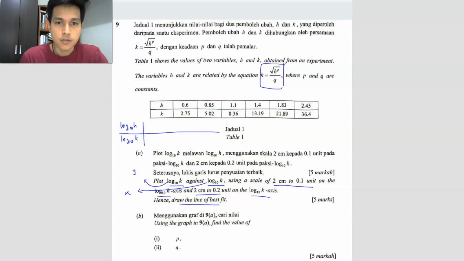So you have to calculate the values again. You type in log 0.6, log 0.85, log 1.1, log all of these. That will be your new value of log h. Clear? So I've already calculated. So you have negative 0.22, negative 0.07, and 0.04.